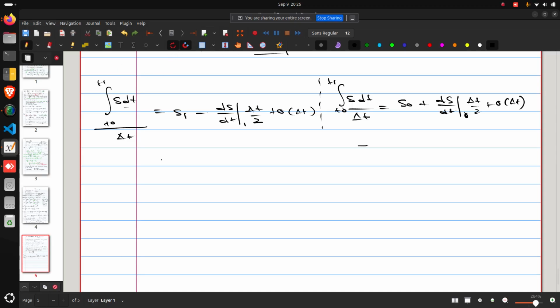Okay, so what does this say? This says that S bar is nothing but S1 minus ds dt at 1 delta t by 2 plus order of delta t.